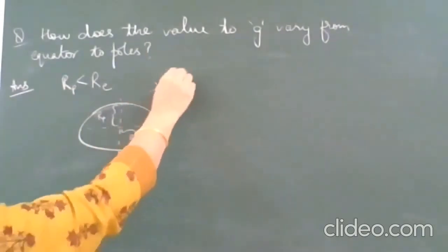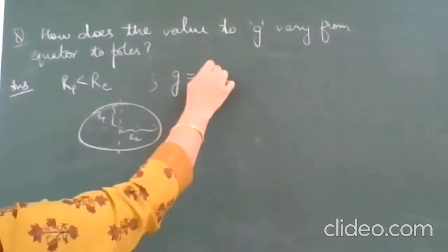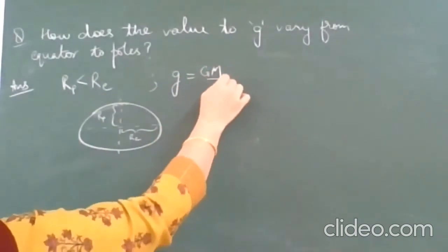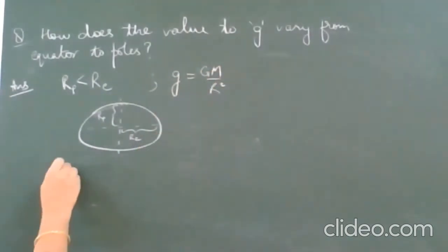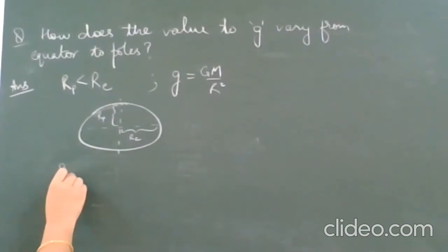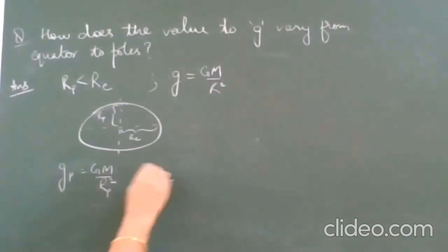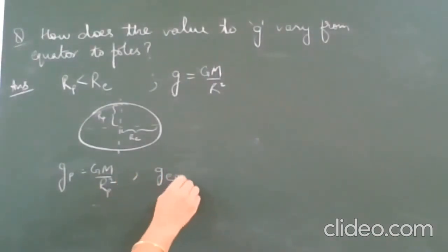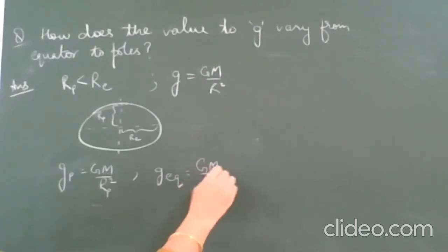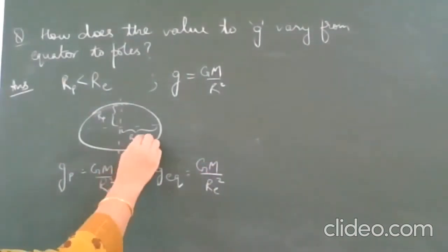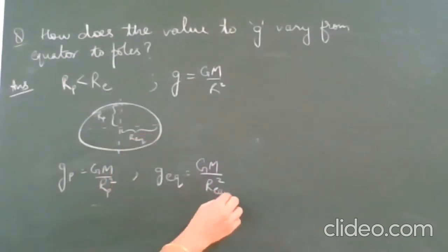And when we talk about small g, which is GM upon R square, if I now compare the small g value on poles, which will be GM upon R near poles square, and g near the equator, that will be GM upon R equator square, where it will be EQ, so that there is no confusion.